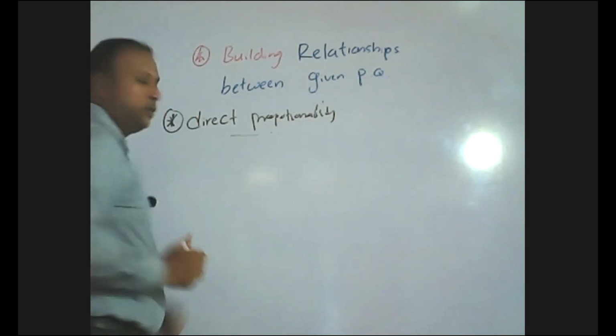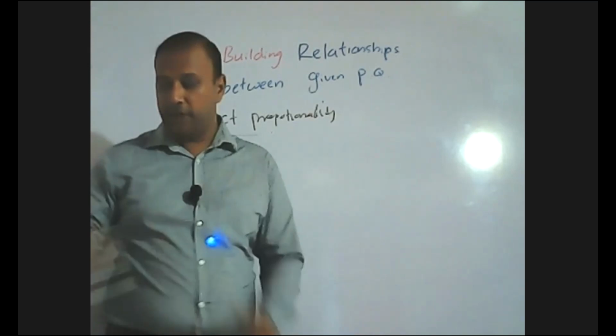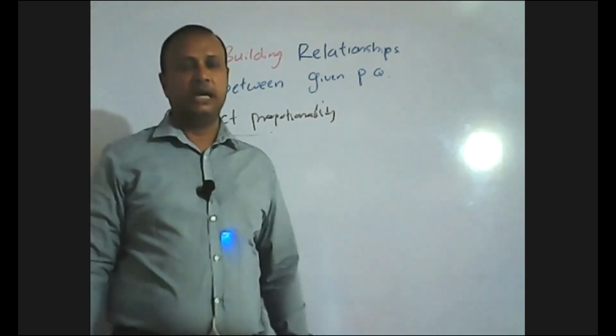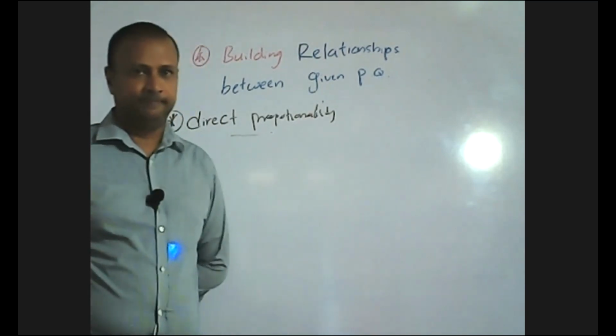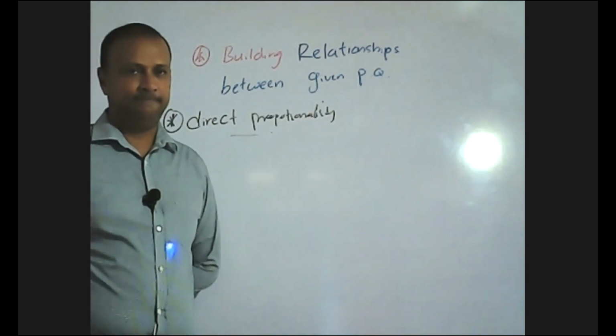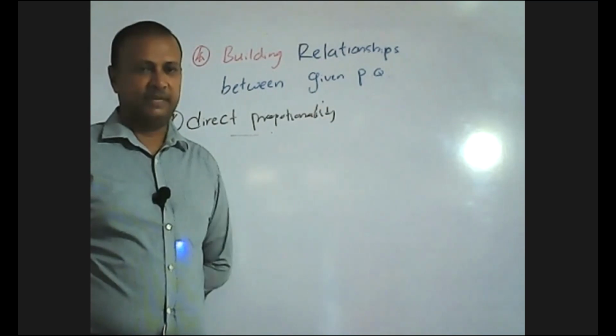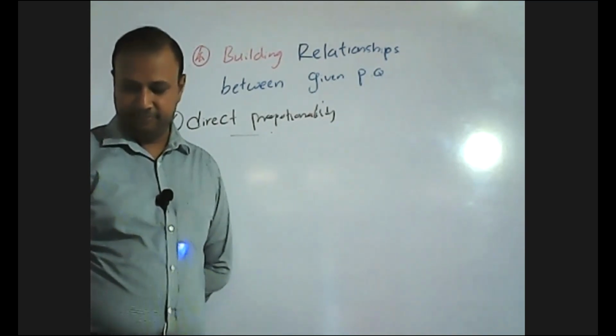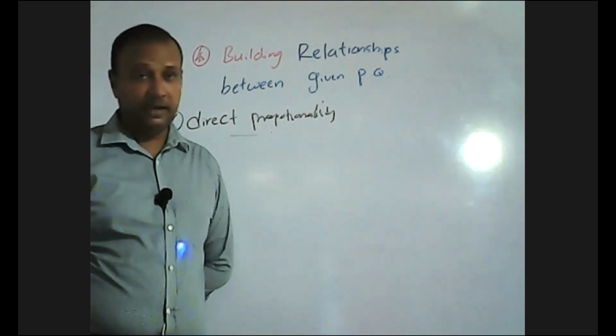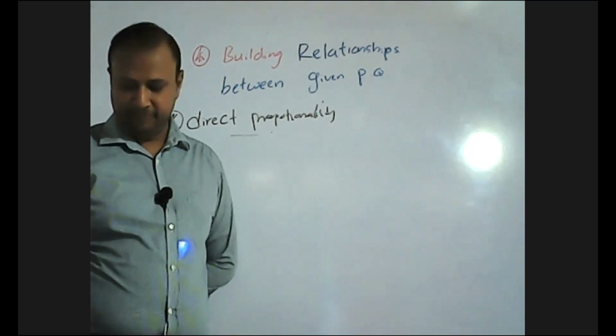So what is direct proportionality? How to identify that one?